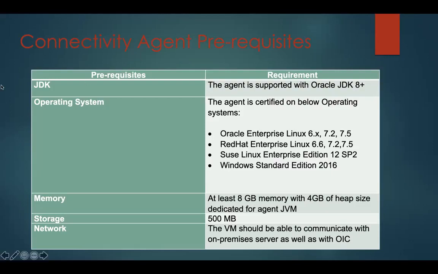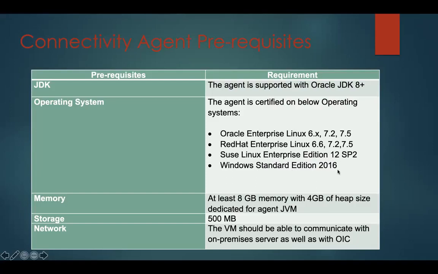Now, what are the prerequisites to install the connectivity agent? Before you install the connectivity agent, you must have JDK installed on your host machine, and it should be JDK 8 plus. The operating system can be Oracle Enterprise Linux 6.x, 7.2, 7.5. It can be Red Hat 6.6, 7.2, 7.5. It can be SUSE Linux Enterprise Edition.